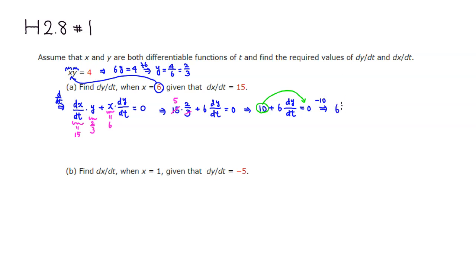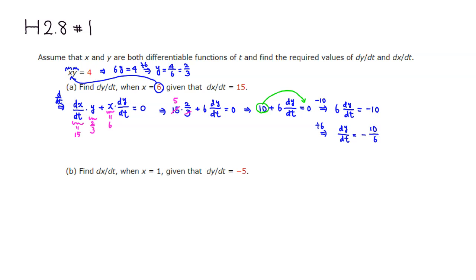So we have 6 dy over dt is equal to negative 10. Then we divide through by 6 to get dy over dt is equal to negative 10 over 6.